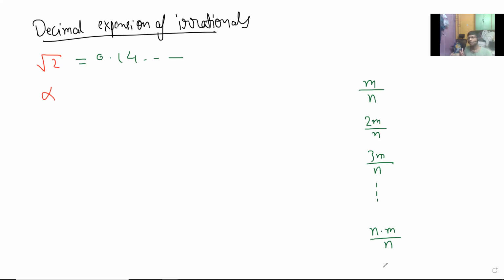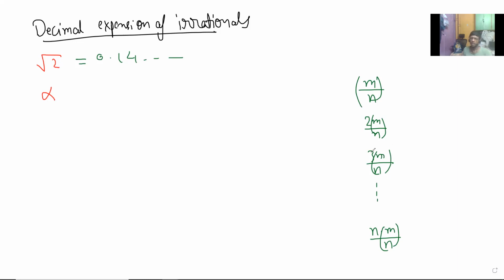So basically you can get only finitely many different expansions. If you start with this rational and take 2 times this, 3 times this, then after some point you stop.